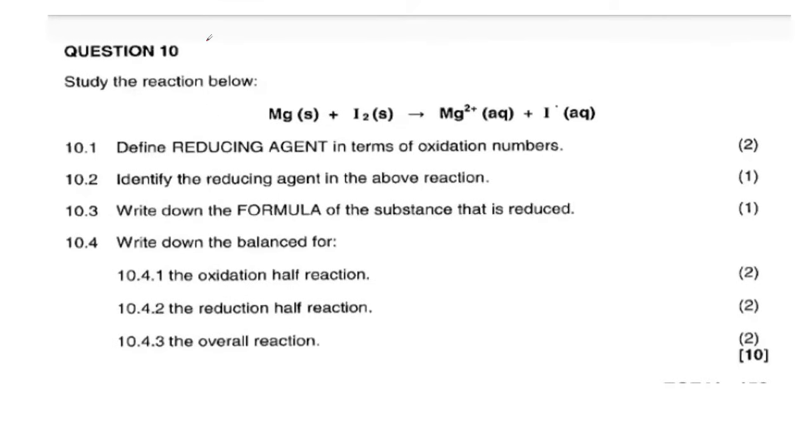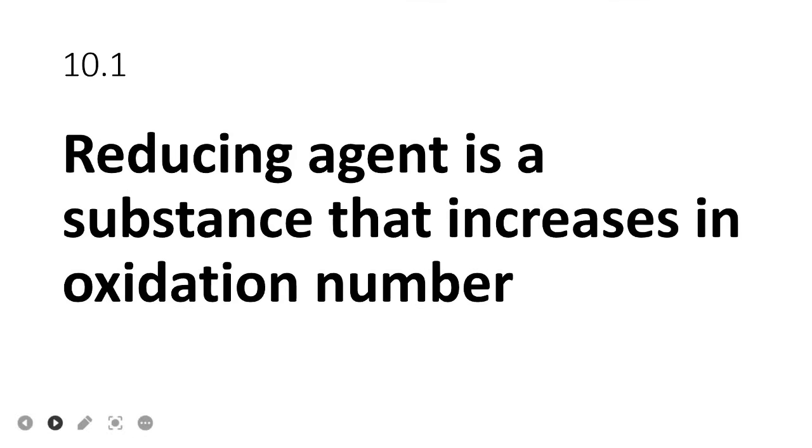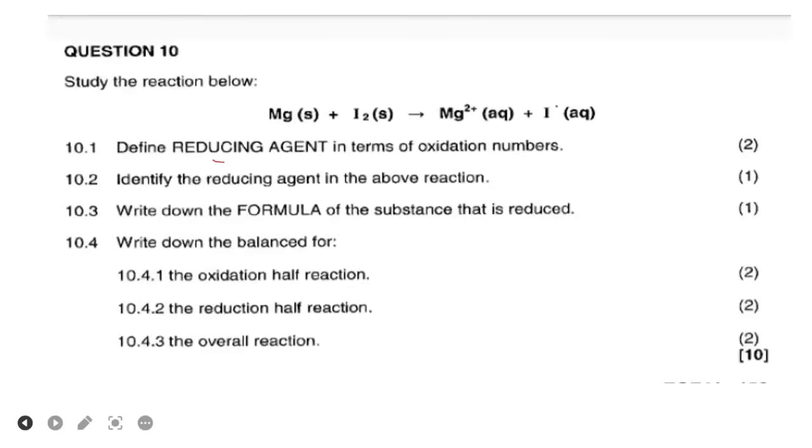Now, question 10 says, study the reaction below. 10.1 says, define reducing agent in terms of oxidation number. So what is the reducing agent? This is how we define it. We say a reducing agent is a substance that increases in oxidation number. Note how they said you must define it in terms of oxidation number.